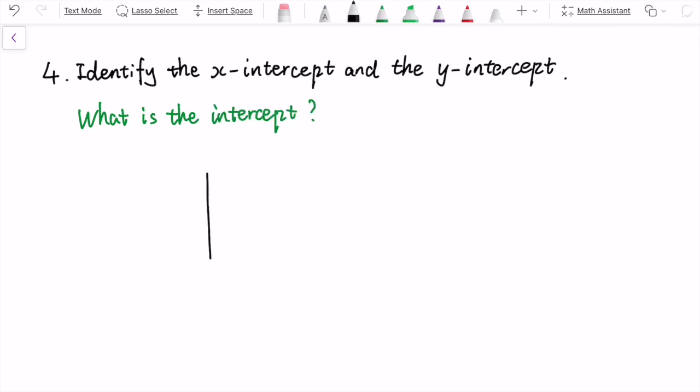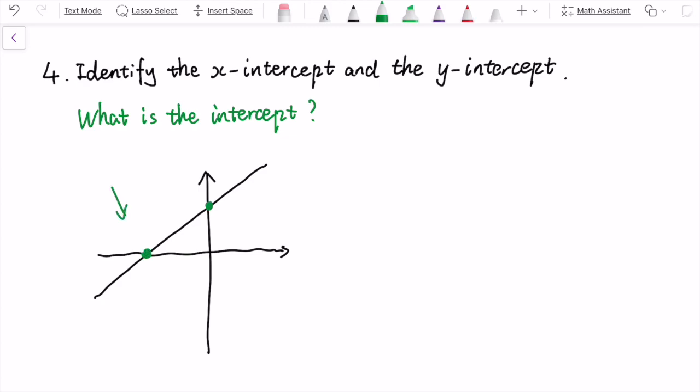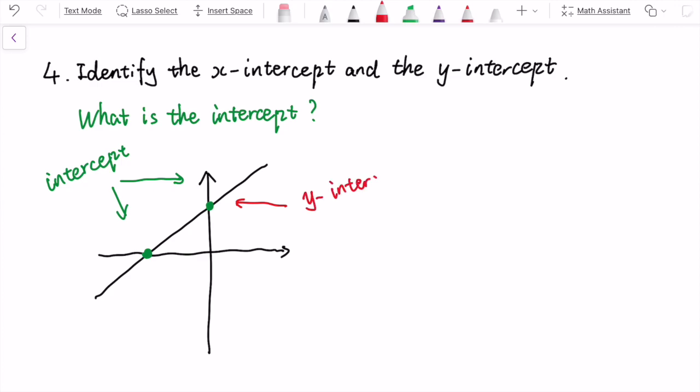So intercept is, for example, I put a Cartesian plane here. Once I draw the line, you can see the cross right here and here. So both dots are called intercepts. The difference is this one is called the y-intercept and the other is called the x-intercept.